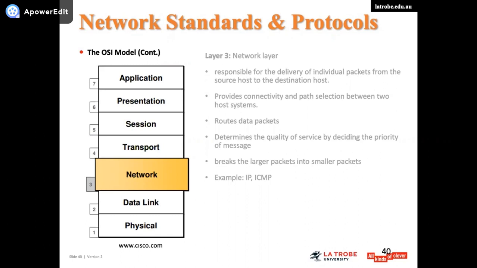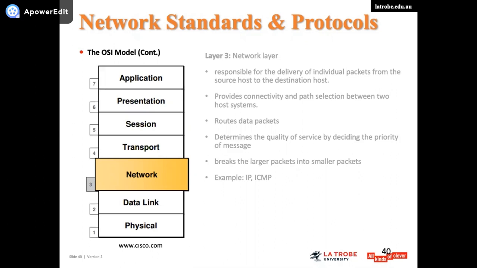The most famous network layer protocol is the IP protocol, and ICMP is also a layer 3 protocol. ICMP has another name, ping. Probably you have used it before to ping some website to see if it is alive or not.